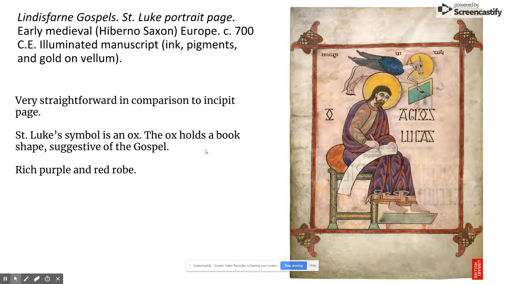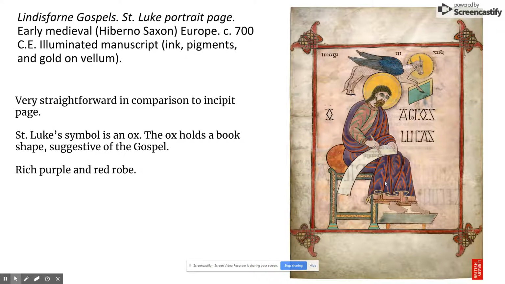What's noticeable about the red robe is that instead of the shading and modeling we were used to with the Greco-Roman depictions of the human body, which would show that he has legs underneath and some heft to his chest, we don't get shading and modeling here.